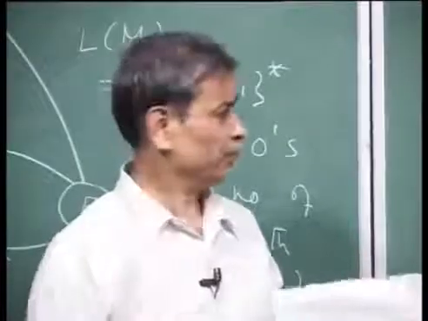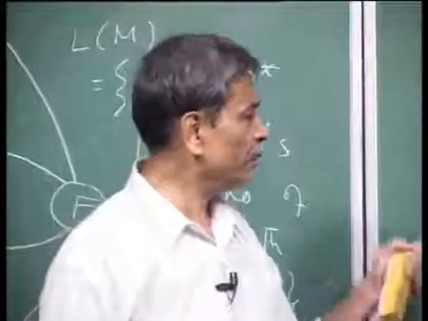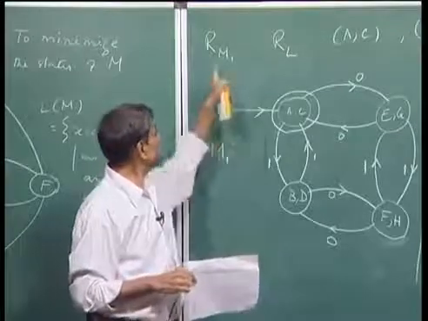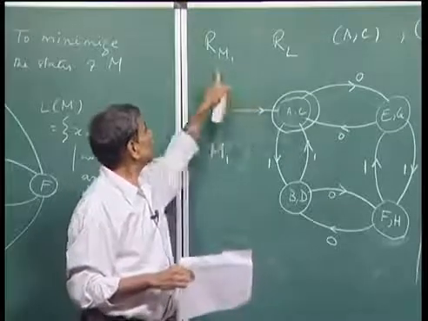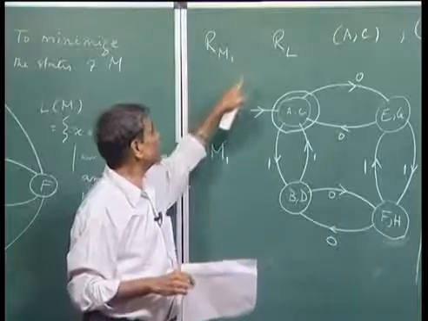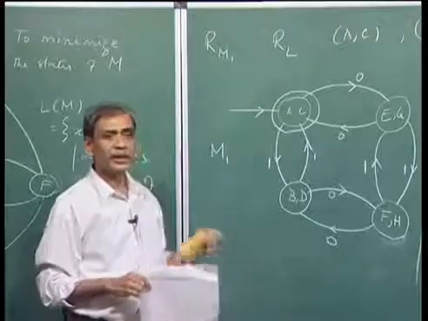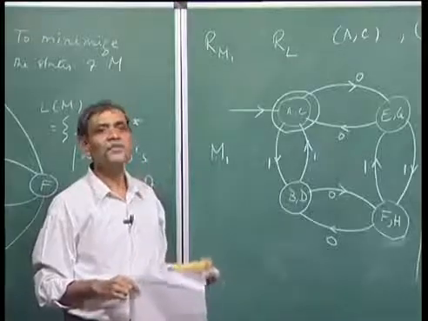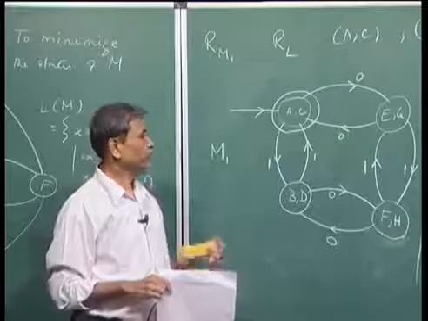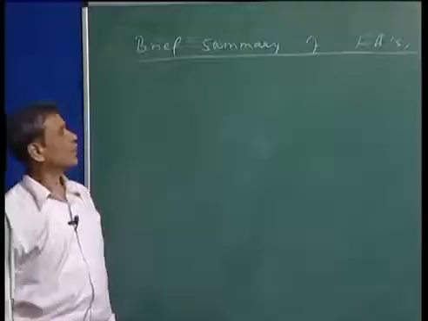That actually proved that any machine whose Rm1 partitions sigma star in the same manner as RL does has to be the unique minimum state machine for accepting the same language.